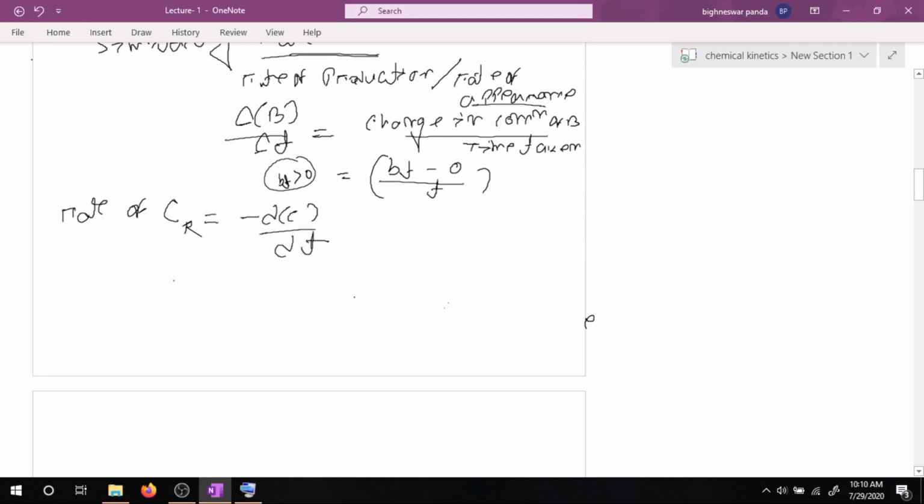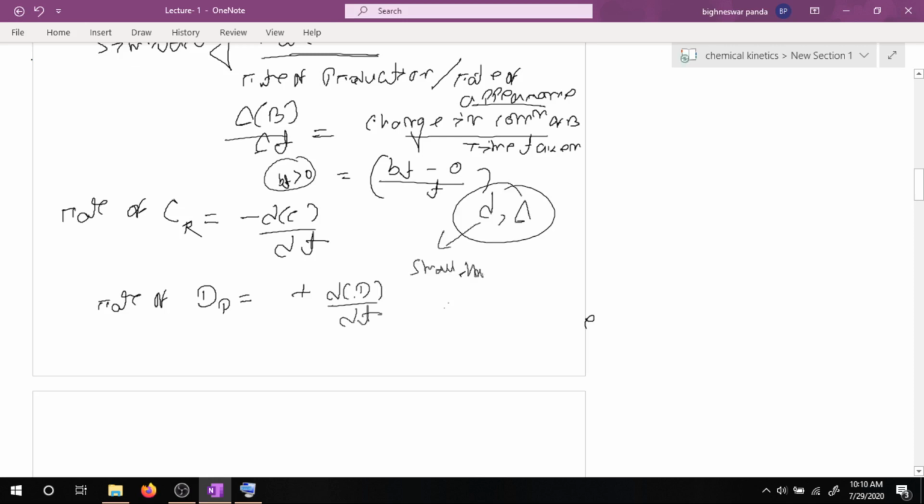If I have to write the rate of D, if D is a product, I have to write plus dD by dt. What is the difference between d and delta? The difference between d and delta is that d is for small change and delta is for large change.